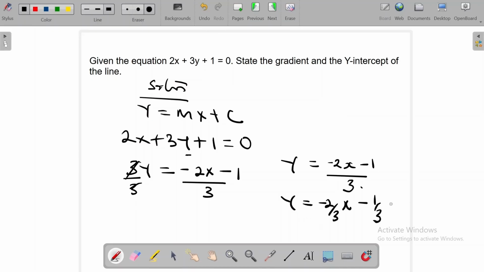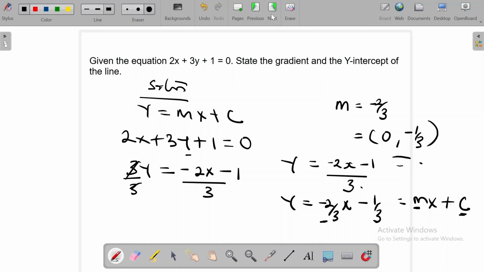So if we were to compare this with the equation of a line, which is mx plus c, you can see the value of m here is negative 2 over 3, and the value of c here is negative 1 over 3. So state the gradient here, m is negative 2 over 3, and the y-intercept is simply (0, negative 1 over 3).